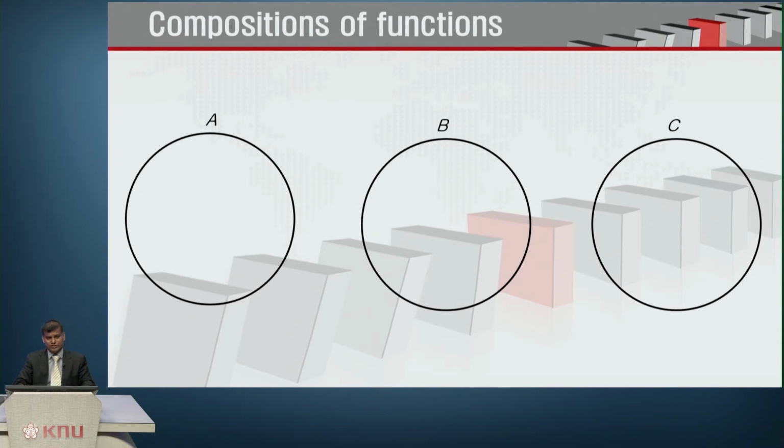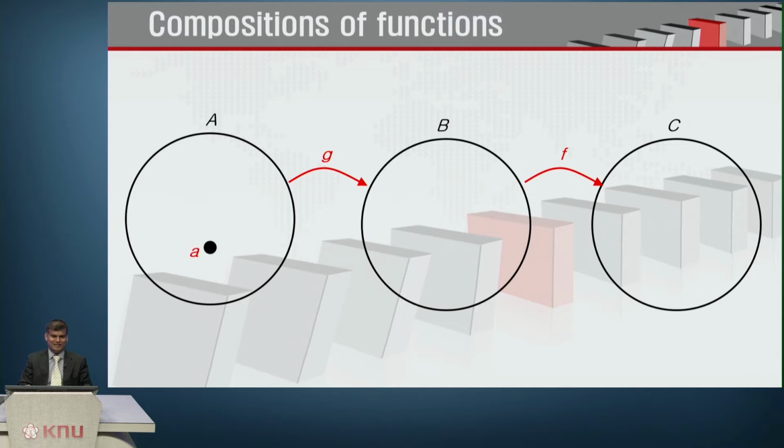So here is a pictorial representation of how this can be viewed as 3 different parts. Let's say we have A, B, C, the 3 sets, or in other words, the mapping of A to B is the g part, and the mapping of B to C is f.